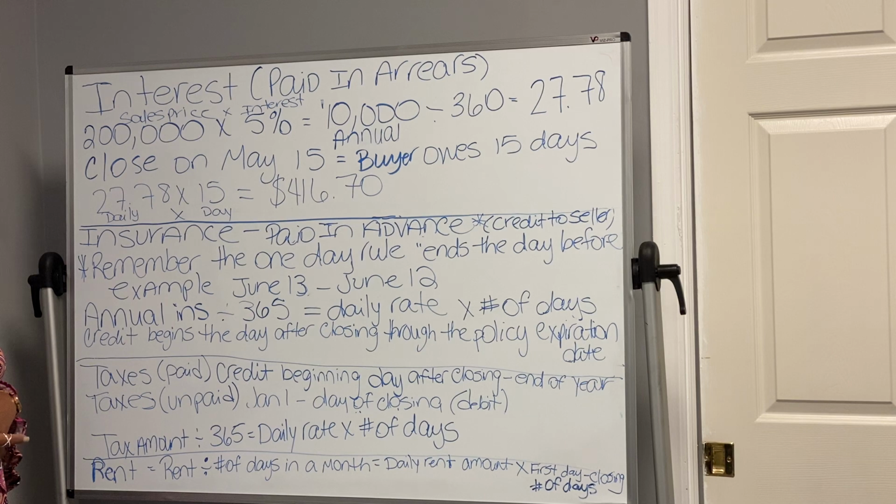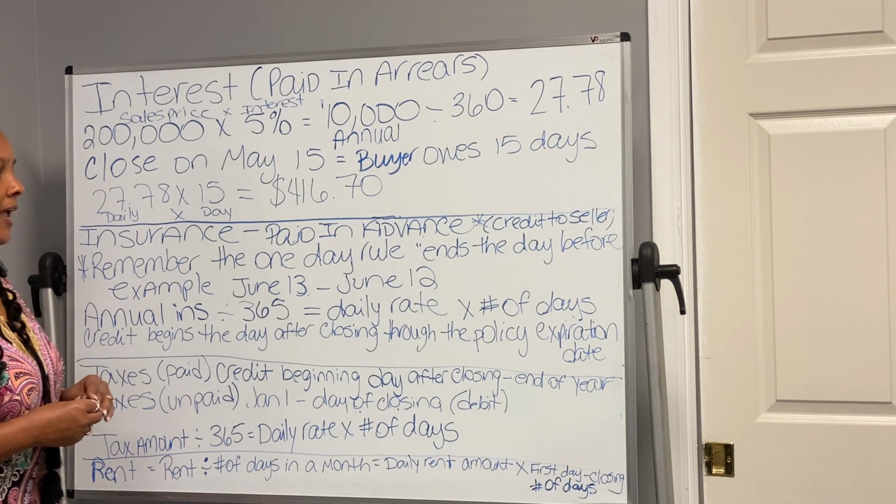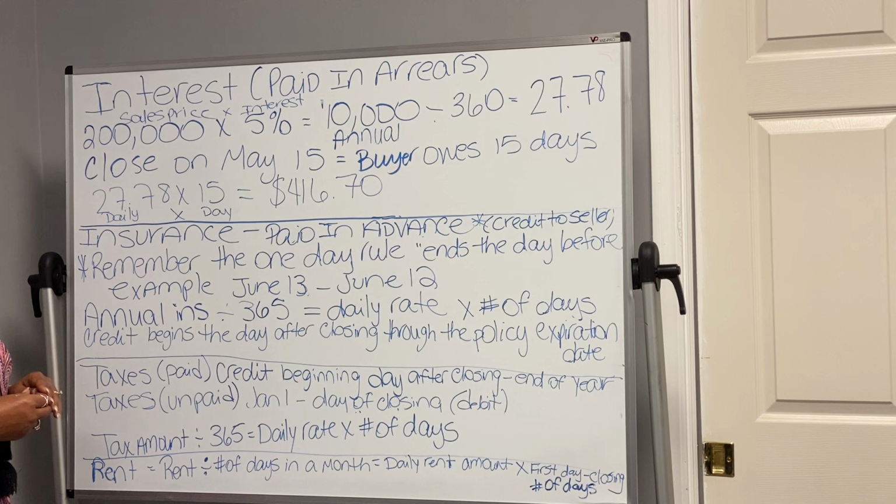So taxes. When taxes have been paid by the seller, the credit will begin the day after closing all the way to the end of the year. The seller will receive a credit from the day after closing all the way through the end of the year.